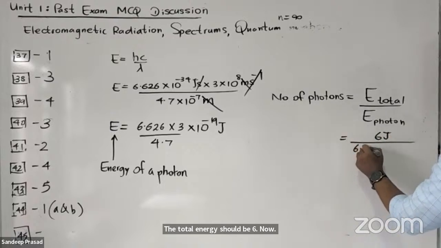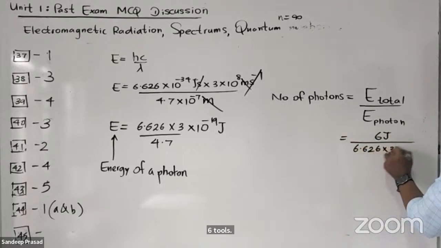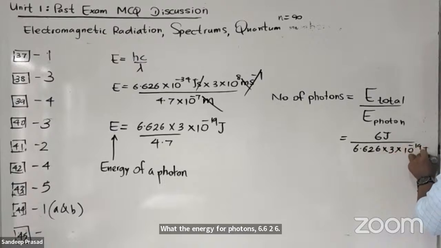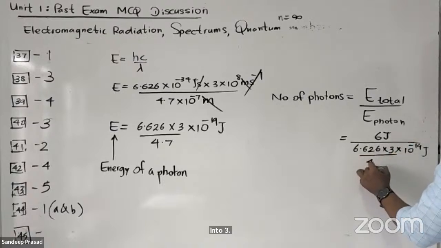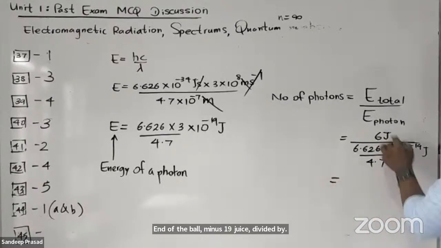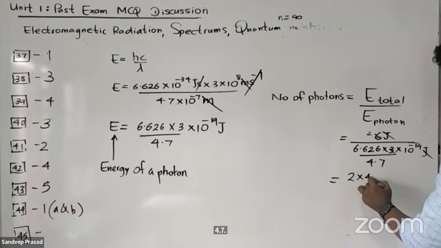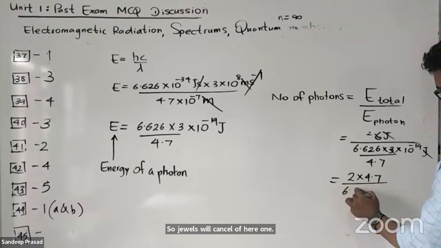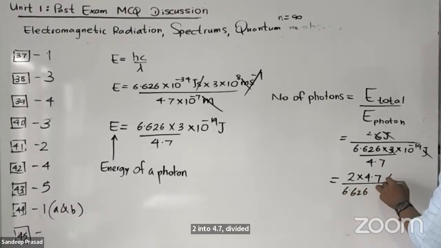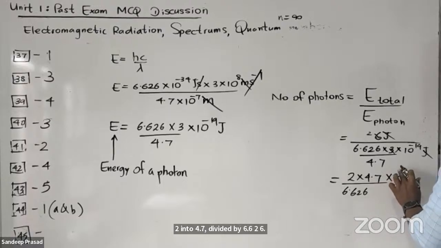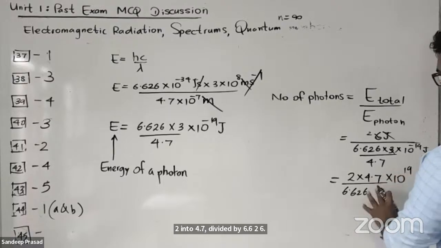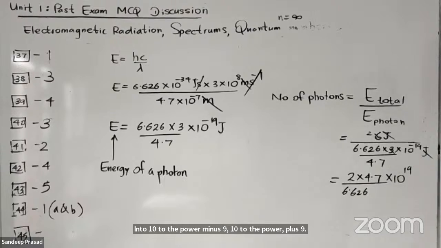The energy of a photon is 6.626 into 3, 10 to the power minus 19 joules divided by 4.7. So joules will cancel off here. 2 into 4.7 divided by 6.626 into 10 to the power minus 9, that is 10 to the power plus 9. So these are the number of photons, students.